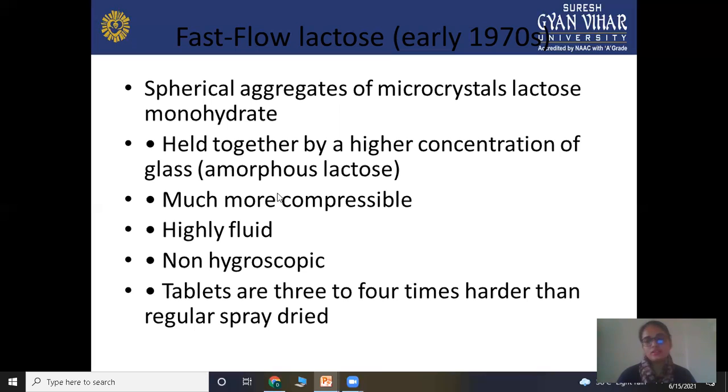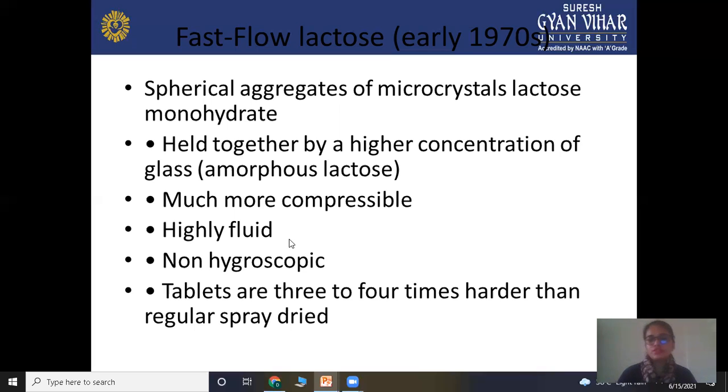Means the previous one may show some problem during compression, but this fast flow lactose is more easily compressible compared to the previous one, and highly fluid. Fluidity is also high, and it is non-hygroscopic. Moisture uptake does not take place in fast flow lactose; it will not take moisture from the environment or atmosphere. Next, tablets are 3 to 4 times harder than regular spray dried.